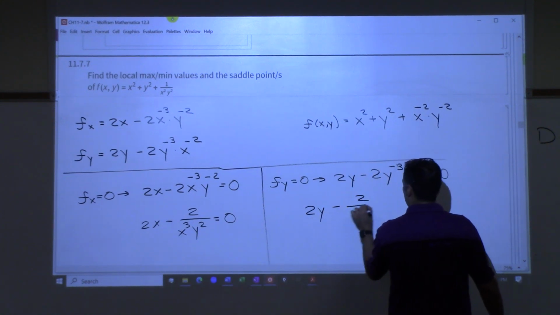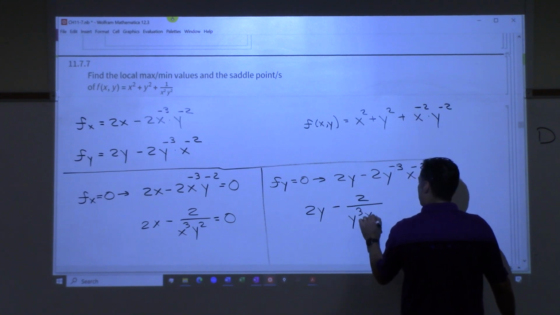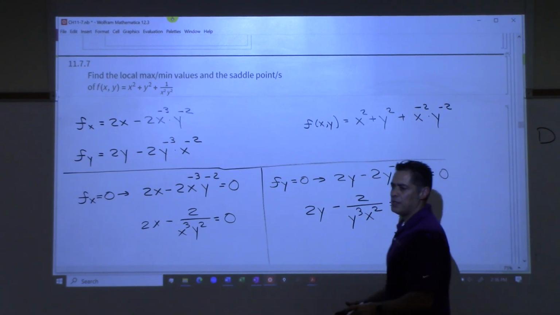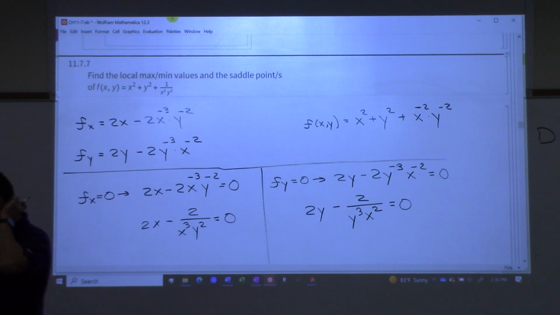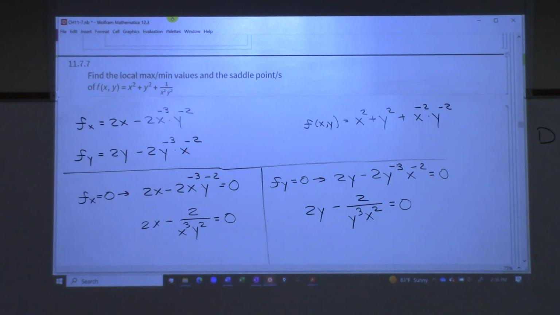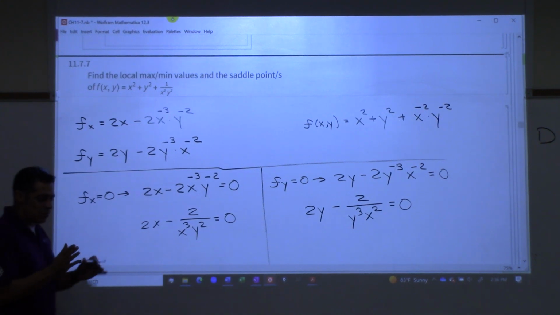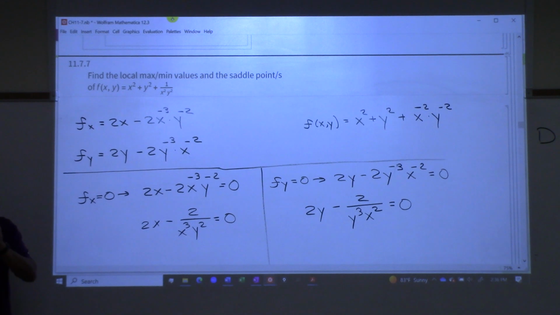I'm not necessarily sure this is where I want to go, but I'm going to rewrite it that way because I like negative exponents, but then sometimes I prefer the fractions. It just depends. Okay, so here's what I'm going to do. This is where everyone might go down different roads. Just make sure you do correct algebra, all right? Someone might find a more direct path than I'm going to find. Some people might take the long journey around.